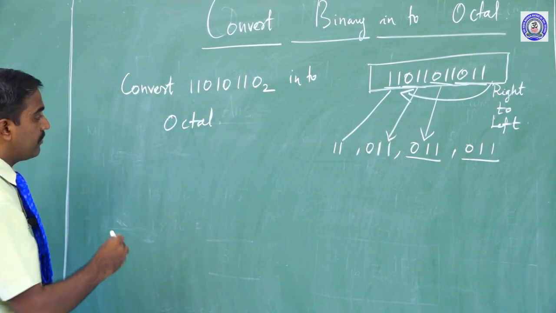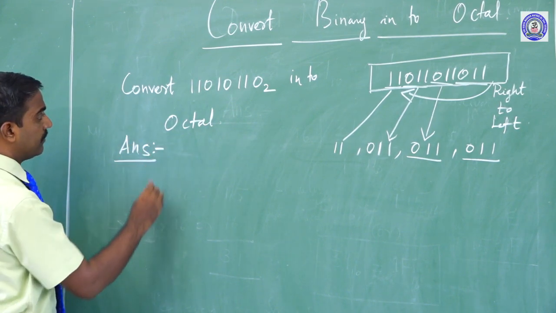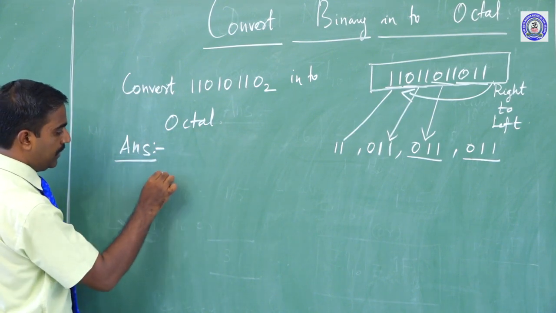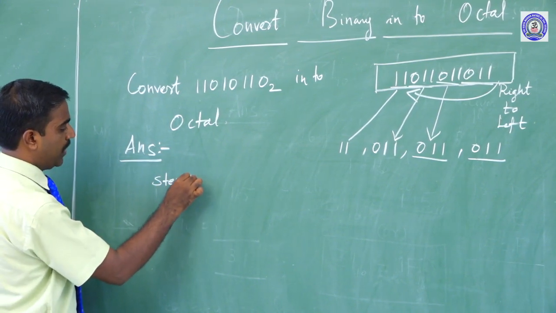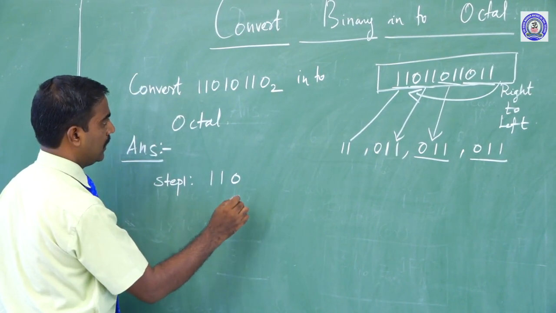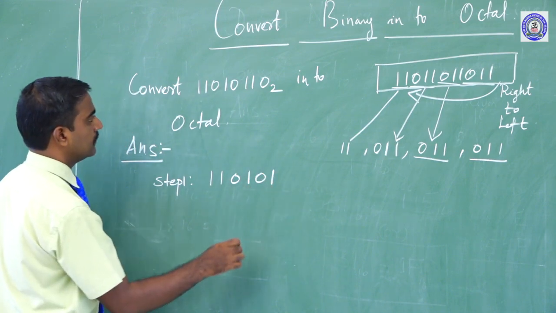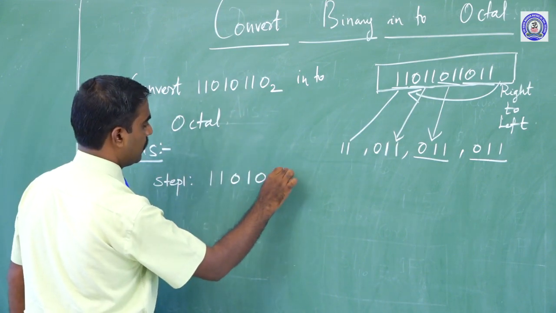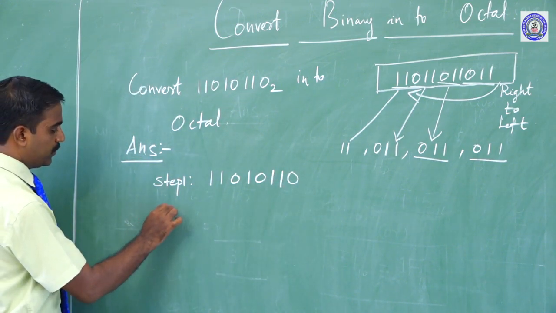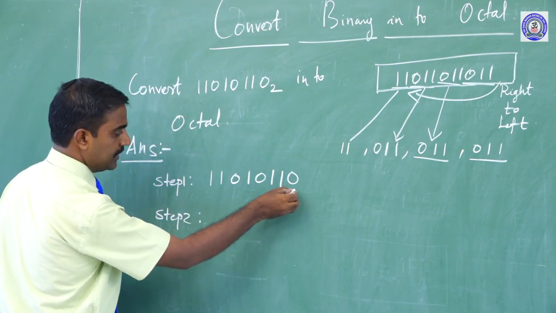First, answer for this question. Every digit we should write properly. Step 1: we should write 1 1 0, and then 1 0 1, and then 1 0. Next, step 2: right to left 3 digits.